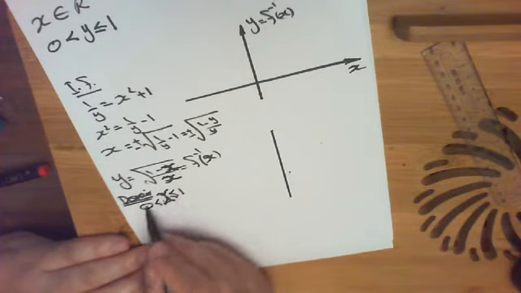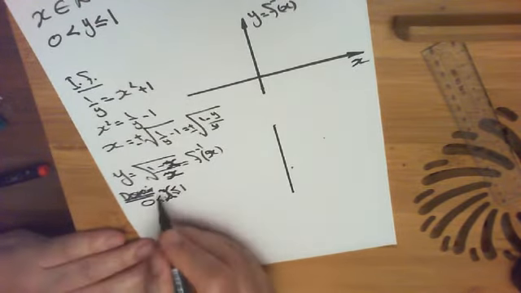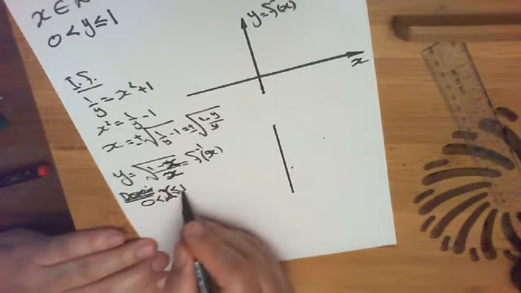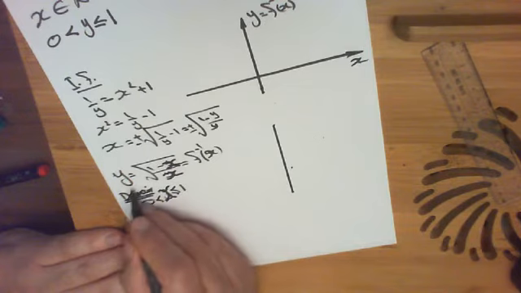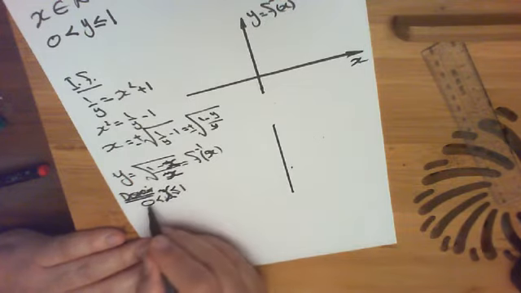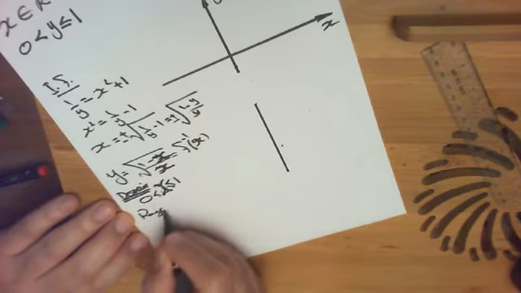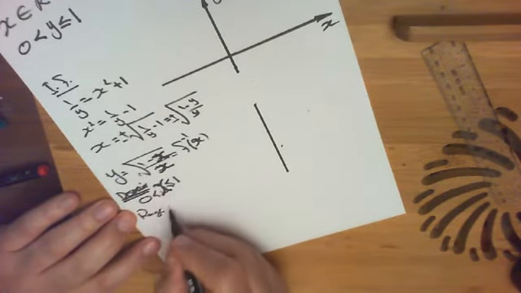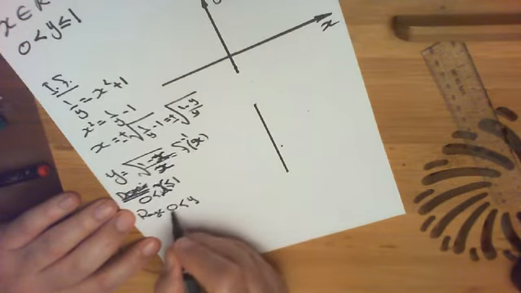What about the range? These are the limits of x. What are the corresponding limits of y? When x is 1, y is 0. When x is 0, y is infinity. Well, 0 plus. So the range will be 0 less than or equal to y.